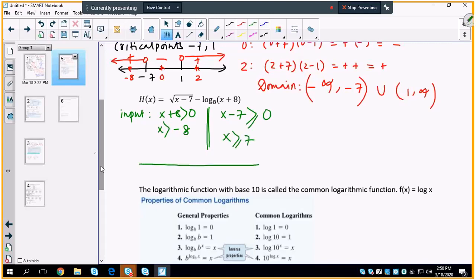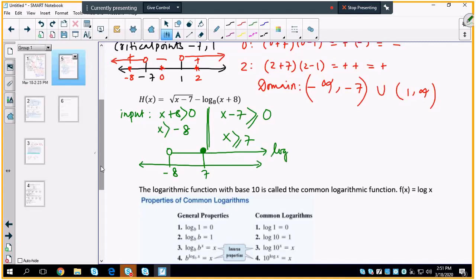Number line. The two points are 7 and -8. -8 being smaller, it's on the left-hand side. This one must be open, this one must be closed, by the non-equality and equality. The first one says that x must be greater than -8. That's for the log.